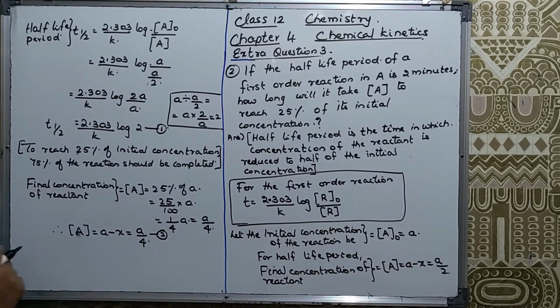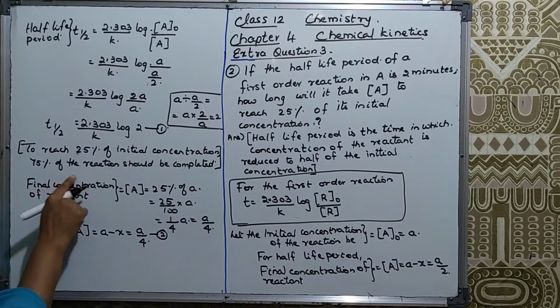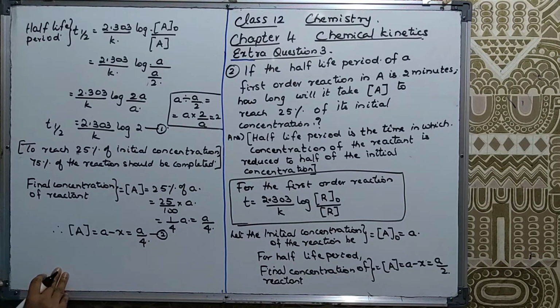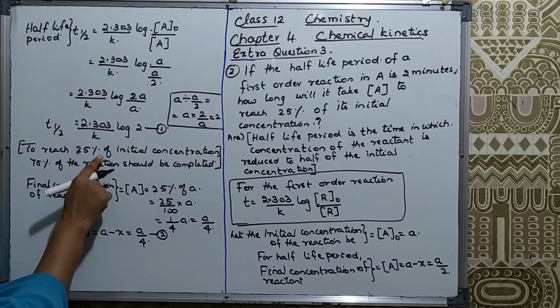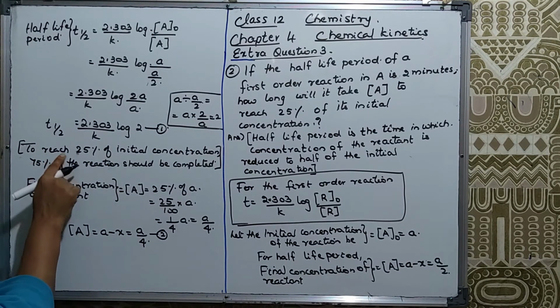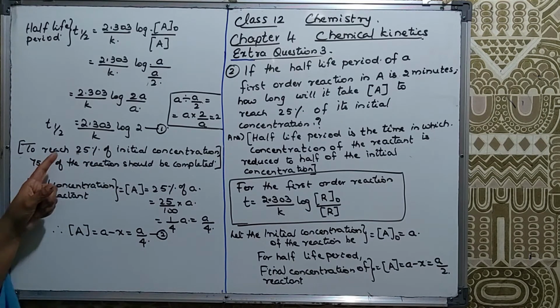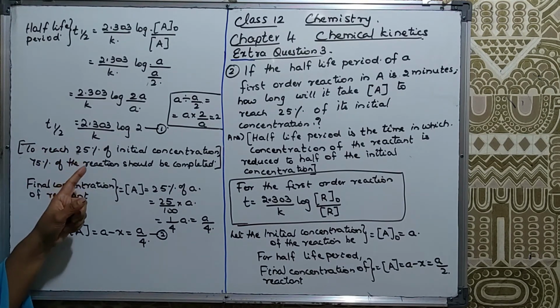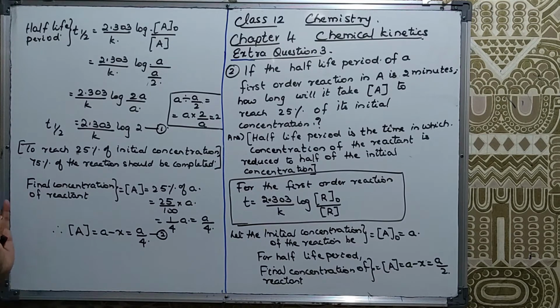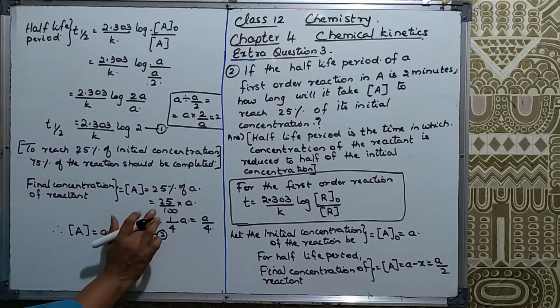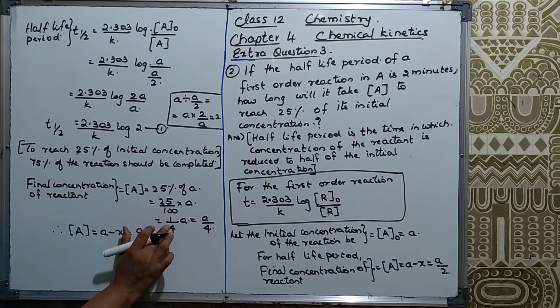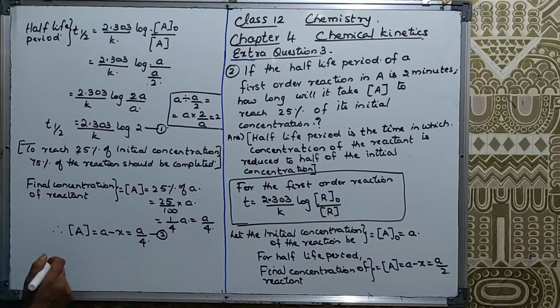Now this is the final concentration of the reactant when 75% of the reaction is completed. That means the final concentration of the reactant is 25%. So A minus X is 25% of A, which we wrote as 1 by 4 A, A by 4. Now we'll take the time taken again.